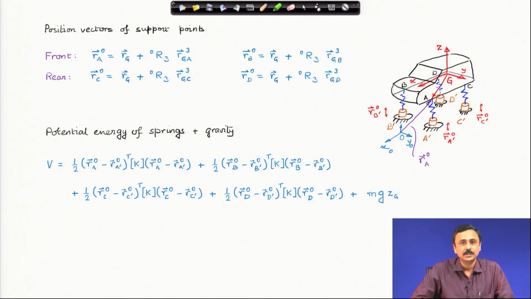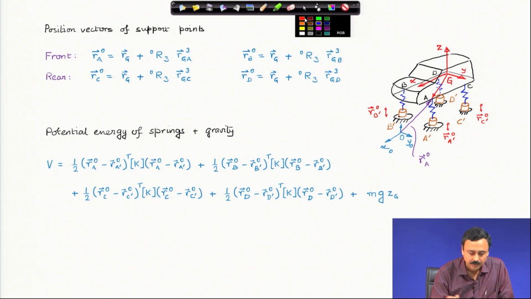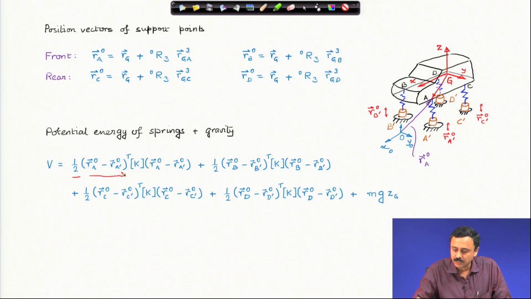Then we can write down the potential energy of the system. Potential energy contribution comes from the suspension springs and the gravitational potential energy of the vehicle body. Here I have written out this potential energy expression, which is half times the difference between R A and R A prime.